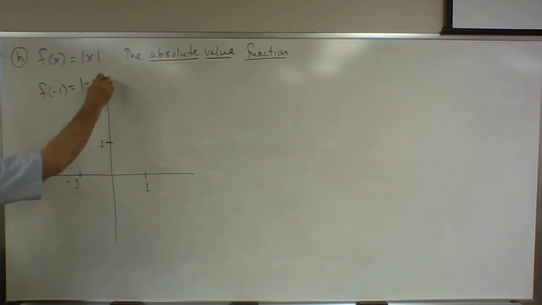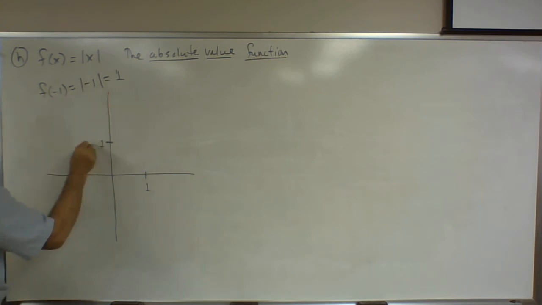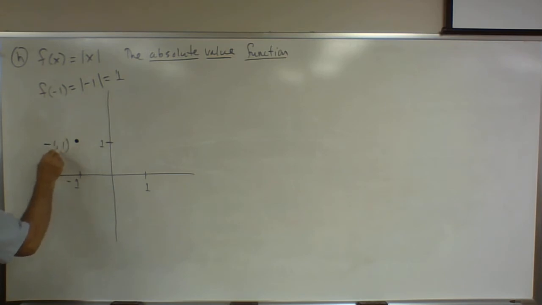That's the absolute value of -1, which is +1. So when x equals -1, y equals f evaluated at -1, which is +1. So -1, +1 is a point on the graph.